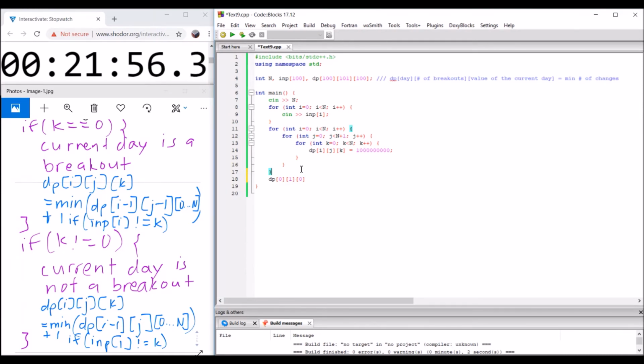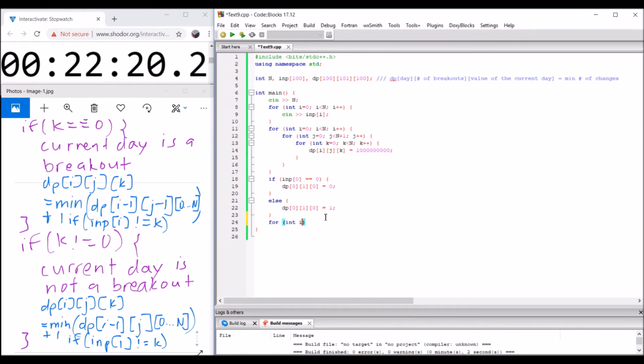It's equal to the min number of changes. So if input 0 equals 0, then we don't have to change anything. So the minimum number of changes is 0. Else, the minimum number of changes is 1, because we need to change that current day from whatever it is to 0. Okay, on day 0, nothing else is possible.